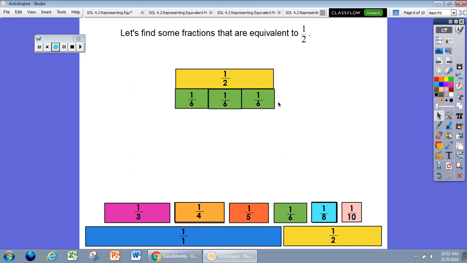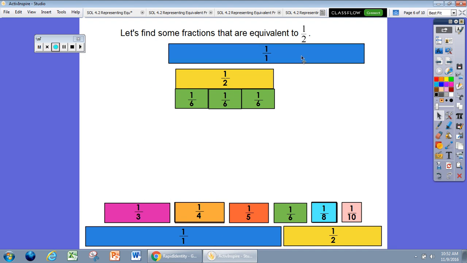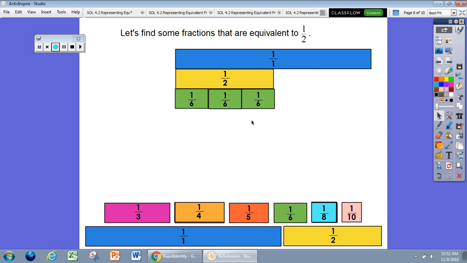We know we didn't have all of them to make the whole. We just had 3 of them. We had 1/6, 2/6, 3/6, and we know that is equivalent to 1/2. We would need another 3/6 to make 6/6, which would be equivalent to 1 whole.